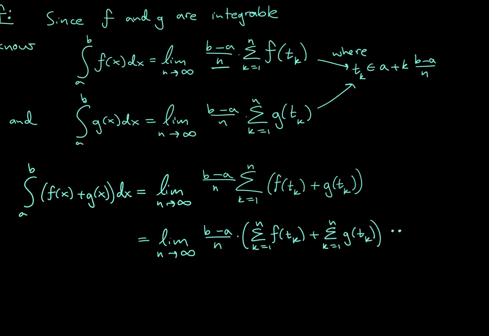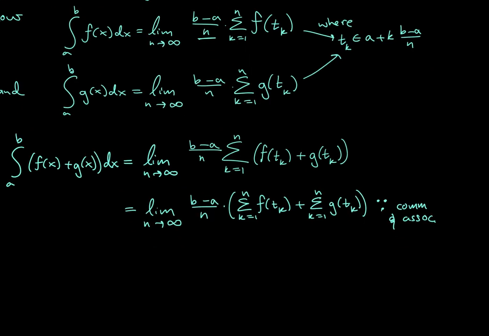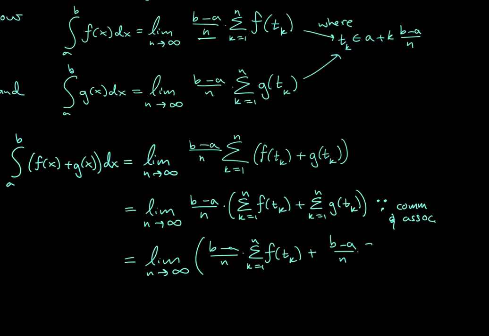Because of the commutative property and associative property, field axioms. But this is the same thing, again, because of the distributive property: the limit as n approaches infinity of (b minus a)/n times the sum as k ranges from 1 to n of f of t sub k plus (b minus a)/n times the sum as k ranges from 1 to n of g of t sub k.